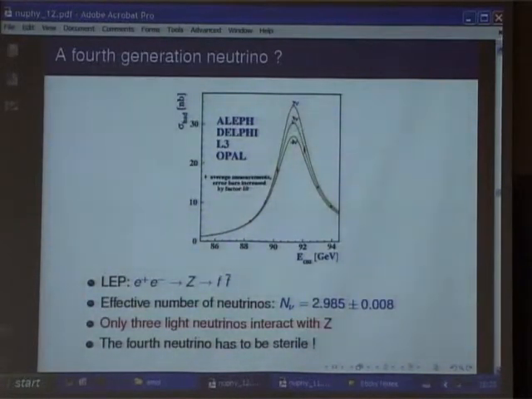Therefore, to very, very high accuracy, we know that the number of neutrinos is 3. In fact, if you do a fit from this measurement, you will get a number that looks like this: 2.985 plus minus 0.008. So we know that the number of neutrinos is 3 up to this accuracy.